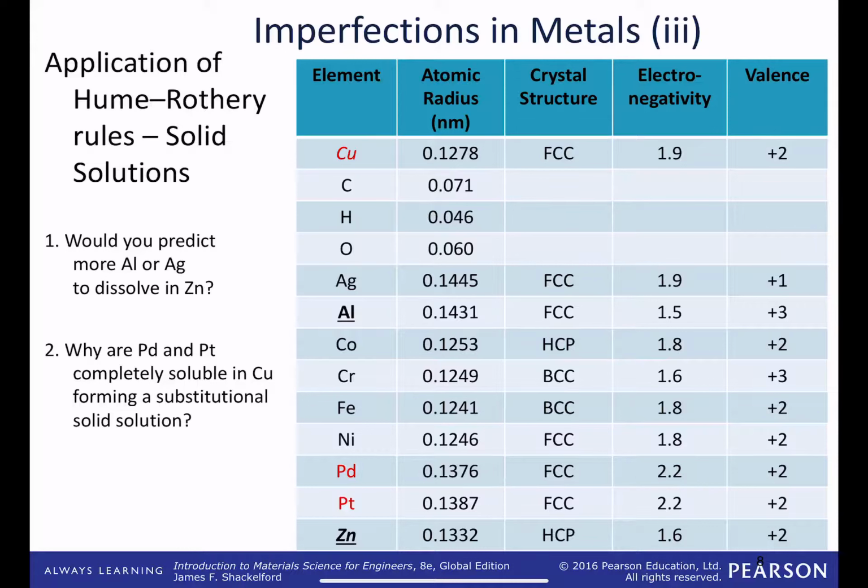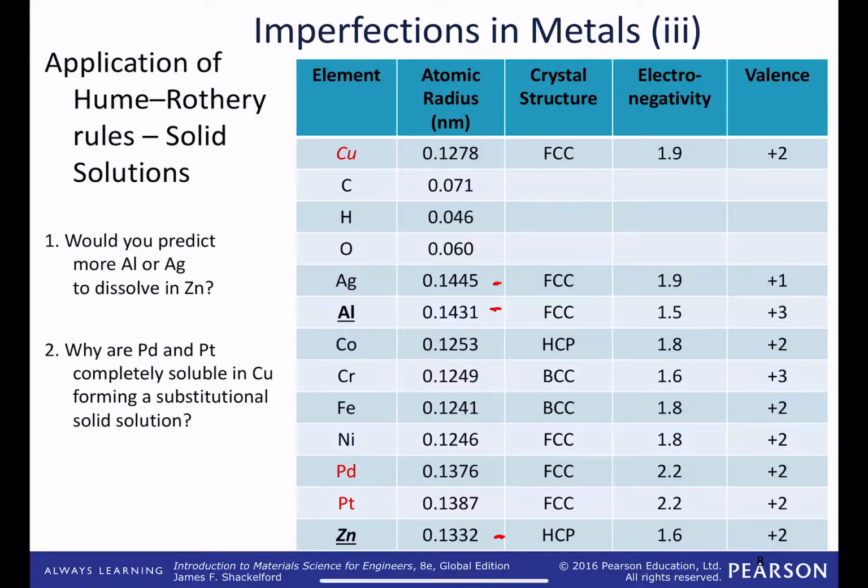Silver is very close in radius to aluminum, so I don't expect a major difference in the first Hume-Rothery rule, and so it will also, by radii arguments, favor dissolution into zinc. Second, we can look at the crystal structure.